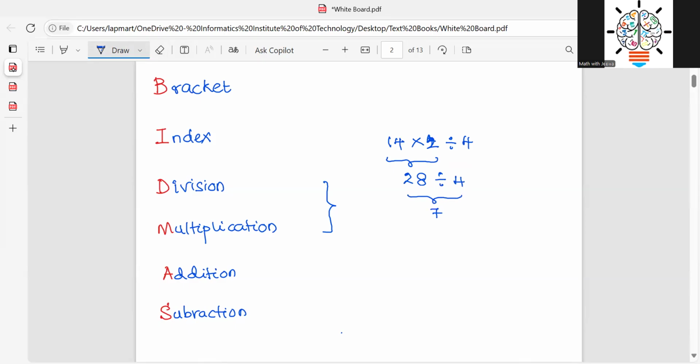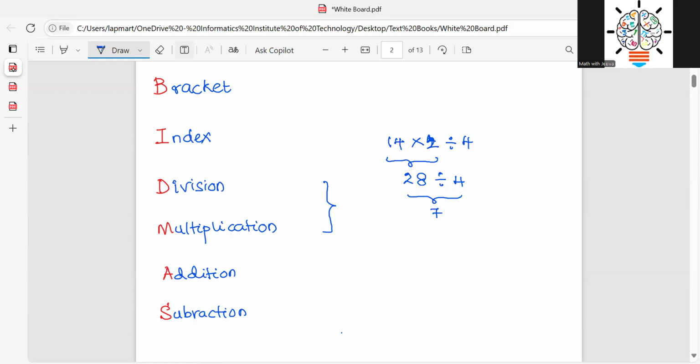Hope it is clear. What I wanted to show you here is that according to BODMAS, first I want to take division, but in this scenario, if I take the division, I can't proceed with that. Therefore I keep it aside and do the multiplication. 14 times 2 is 28. That 28 I divide by 4 and get the final answer, 7.